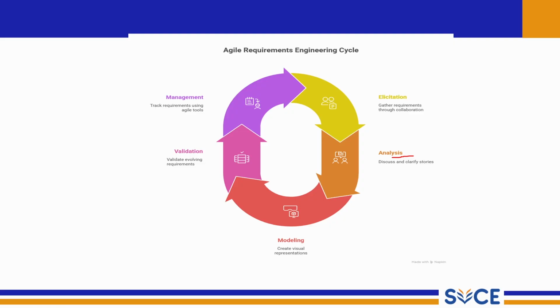Third one is modeling, create a visual representation of all the requirements and the user stories. Then the fourth one is validation, validate the evolving requirements. And the last one is management, track the requirements using Agile tools.